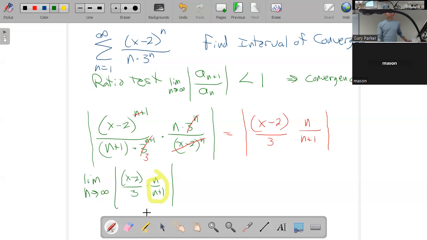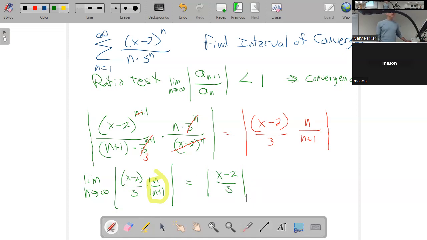That's basically a rational function of n. The degree of the top is the same as the degree of the bottom. And so this is going to converge to the quotient of the leading coefficients, which is 1 over 1. So this limit equals the absolute value of x minus 2, over 3. And this will happen a lot with these series.